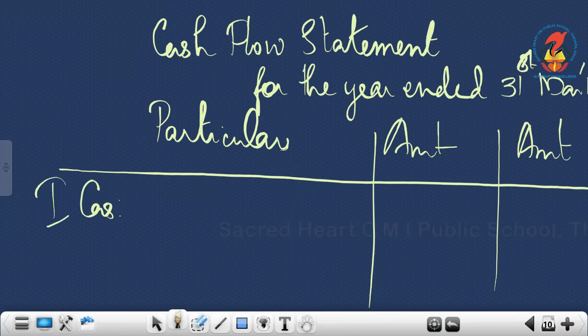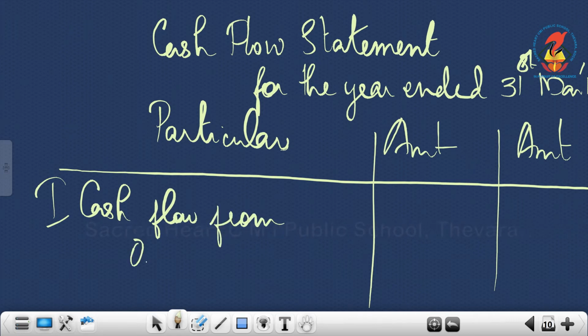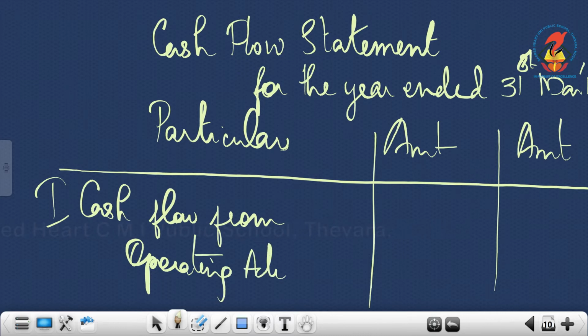The first section, cash flow from operating activities.